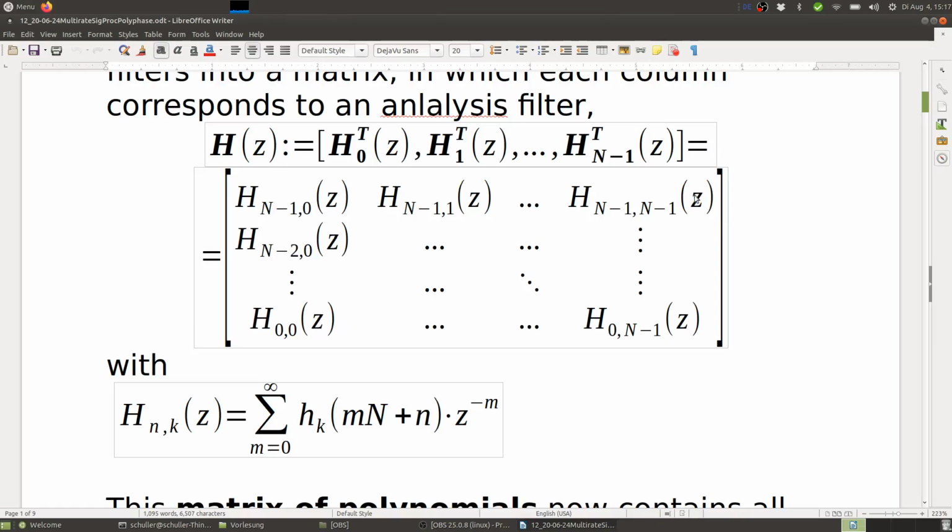We now have a matrix of polynomials instead of a matrix of real or complex numbers. That's the difference. And in these polynomials, we can then pack the extended length of our impulse responses. So if we have an impulse response longer than one block, this results in a polynomial into which we can pack the extended blocks.